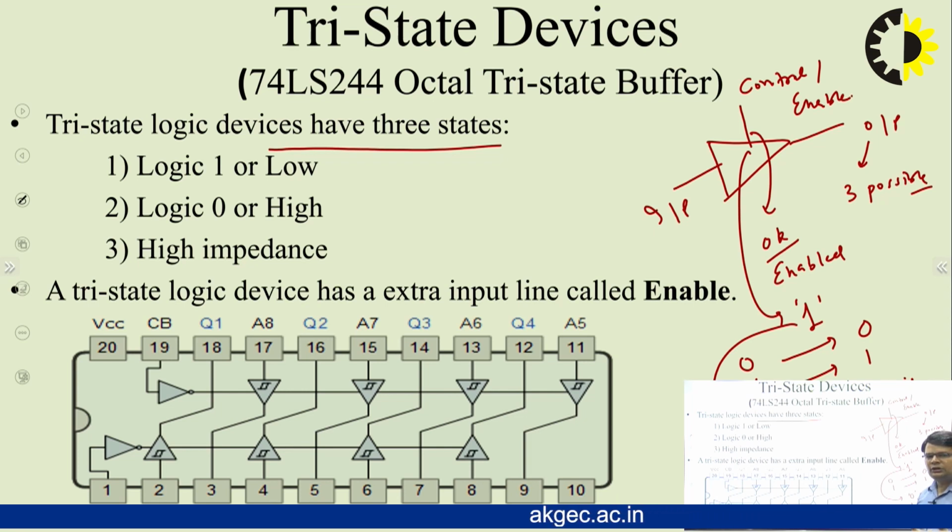So there are three output states: 0, 1 when the enable is there, and when the control logic is disabled, then whatever we apply at the input there will be no effect, output will be high impedance state, the third state. So this is the tri-state buffer.